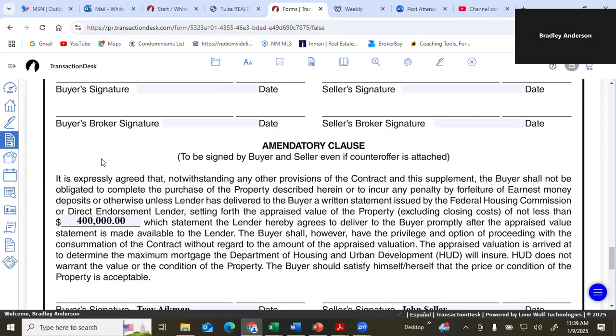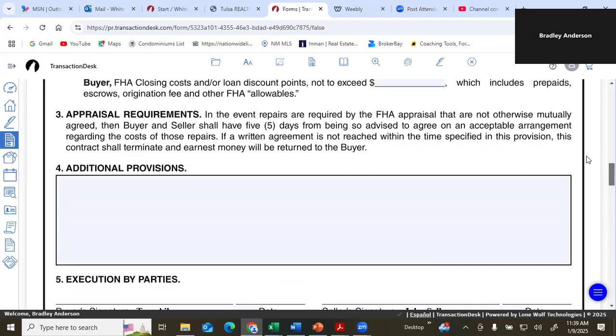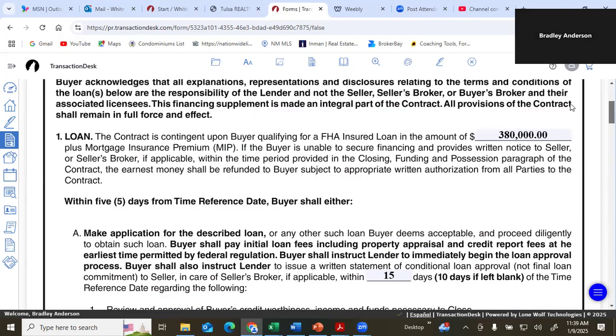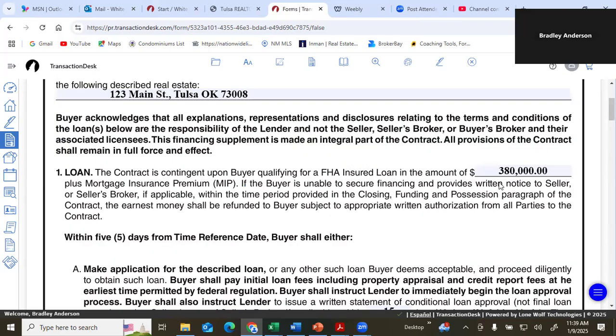It basically says, because this is an FHA loan and insured by the government, if it doesn't meet appraisal and the appraised amount is not the loan amount, it's the purchase price. And so this is the purchase price. This is the loan amount.